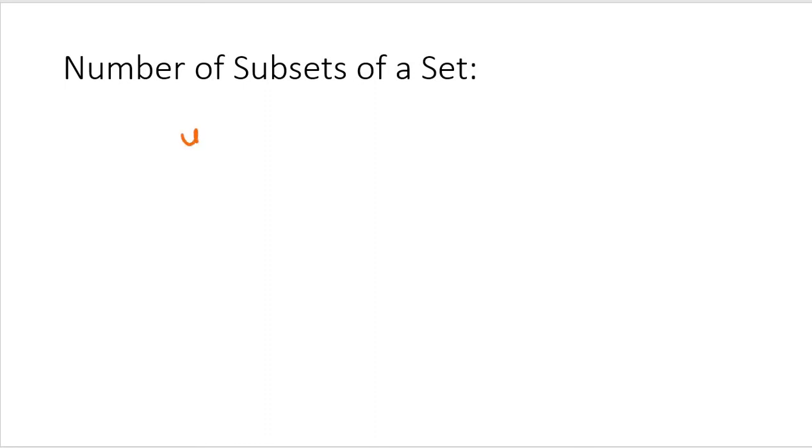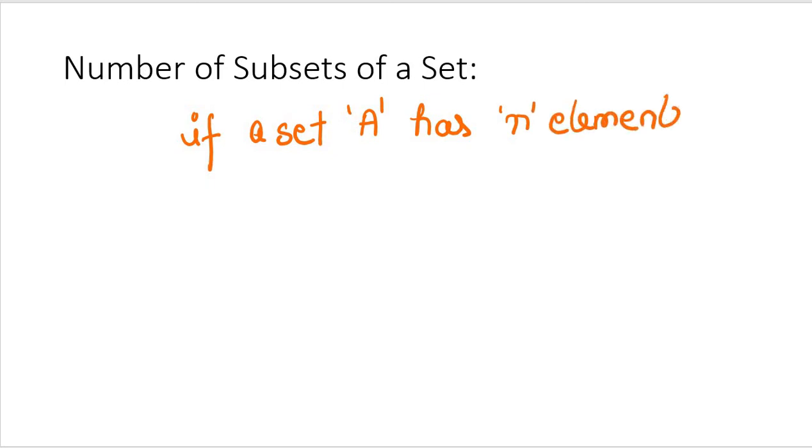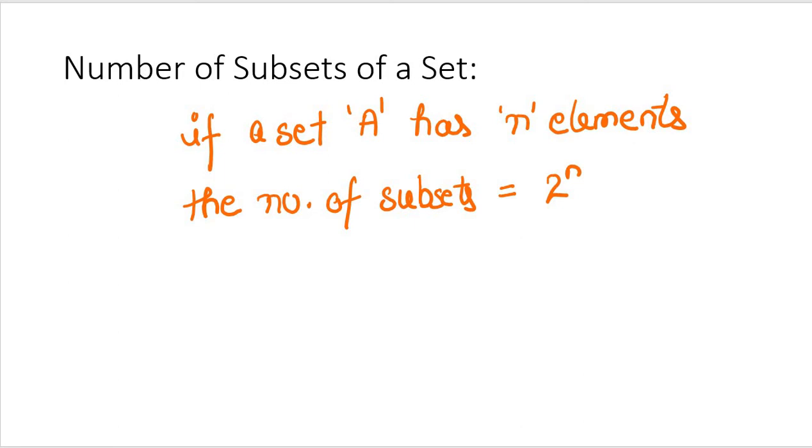So if I have a set A and it has, let's say, n elements, in that case the number of subsets of A will be 2 to the power n.